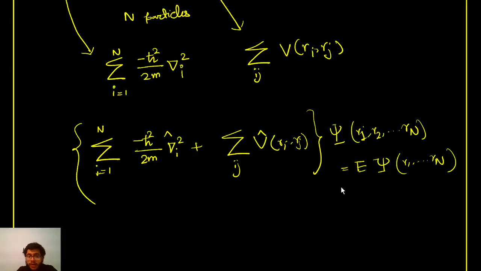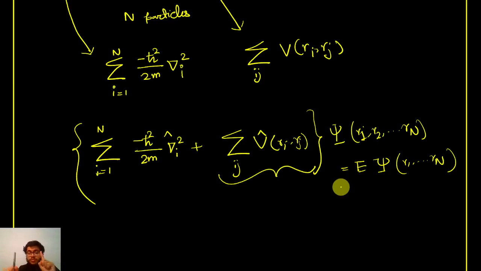But now the problem is that this is a very huge problem. Mathematically speaking, this is an absolute nightmare, because psi depends on an arbitrary number of coordinates r, and we don't have any idea how to handle this.